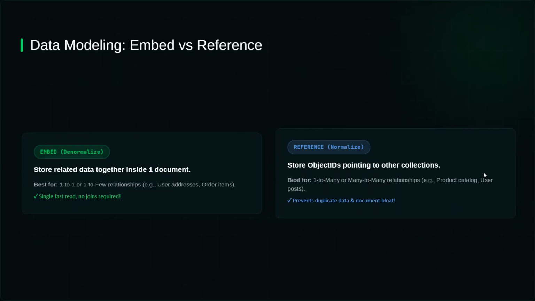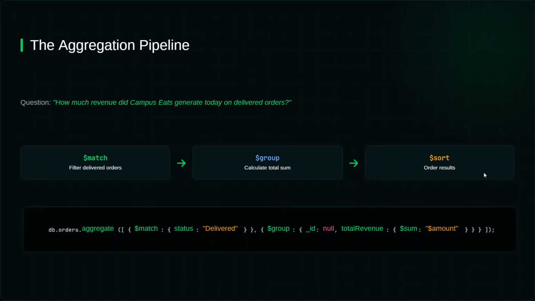What if we need multi-stage analytics, like calculating total sales revenue? The aggregation pipeline. When you need advanced data processing, use the aggregation pipeline. Think of it as an assembly line where data flows through distinct processing stages.